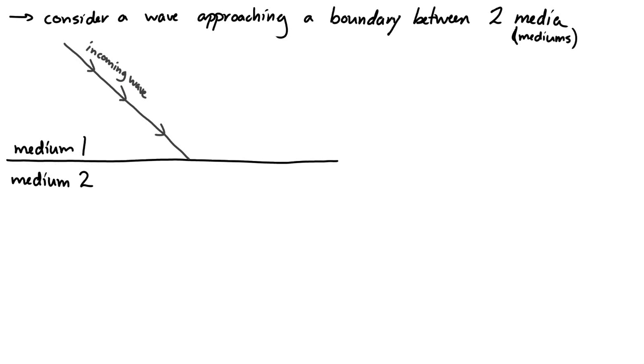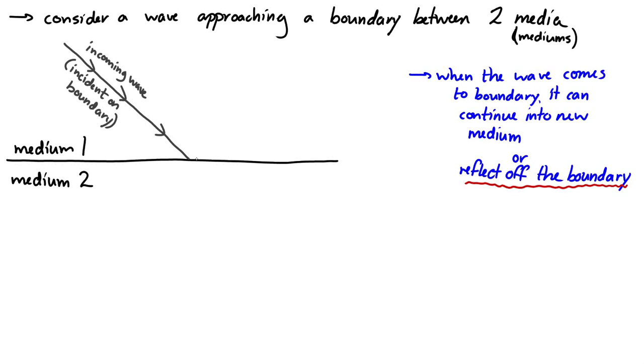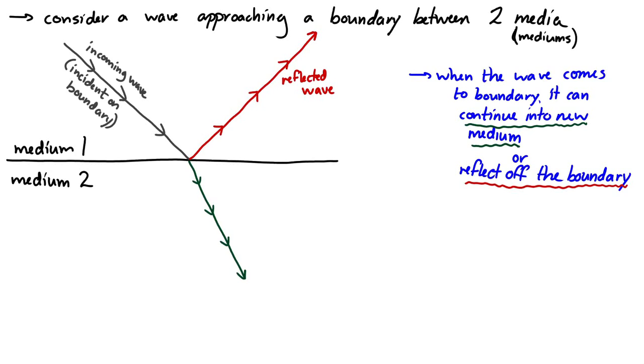When the ray hits the boundary, or is incident upon the boundary, the wave can do one of two things. It can either continue into the new medium, or it can reflect off the boundary. If it reflects off the boundary, it might look like this. If it passes into the new medium, it might look like this.